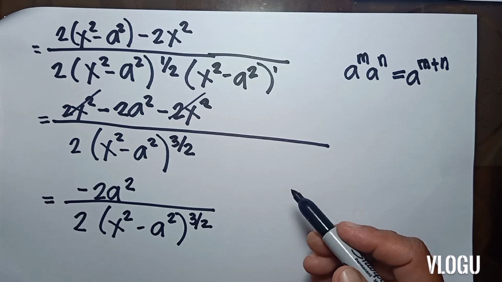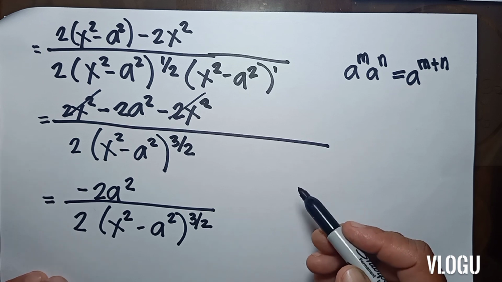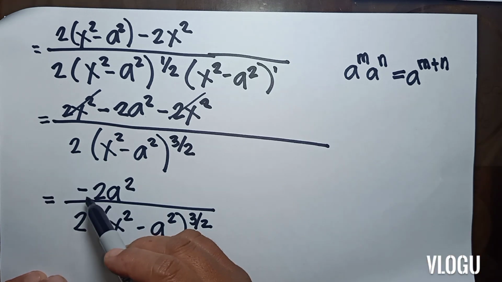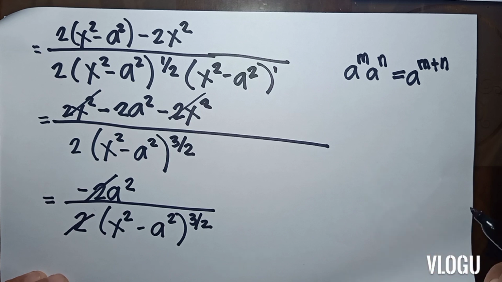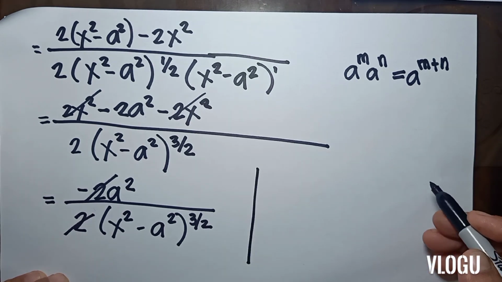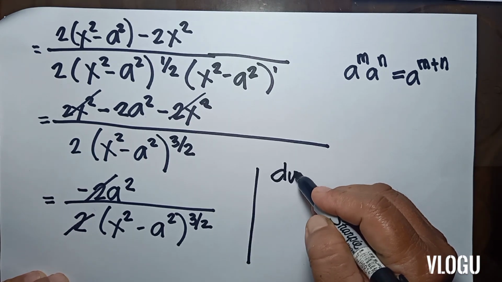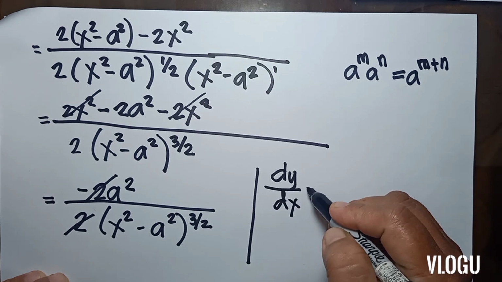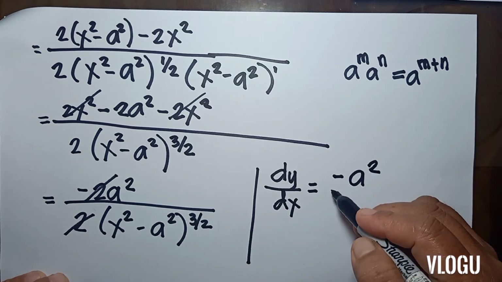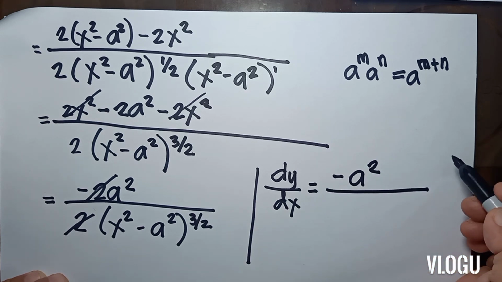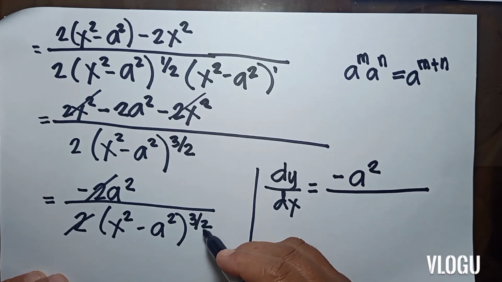Therefore, we can cancel out 2. So the final answer: dy over dx is equal to negative a squared over x squared minus a squared raised to 3/2.